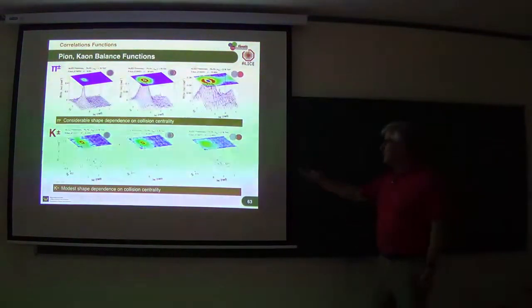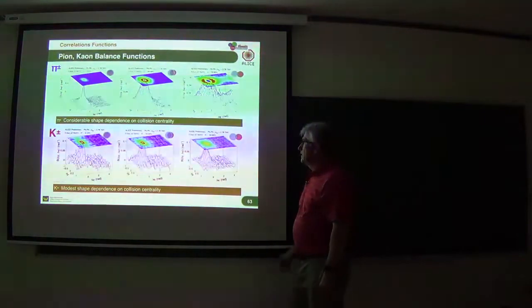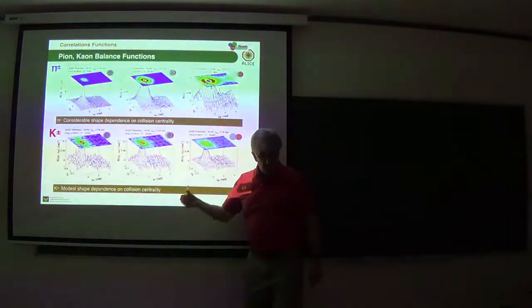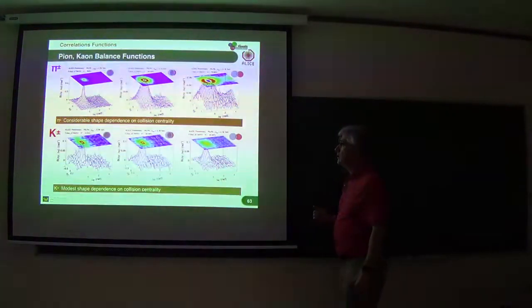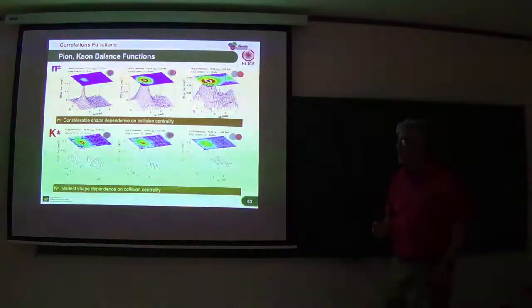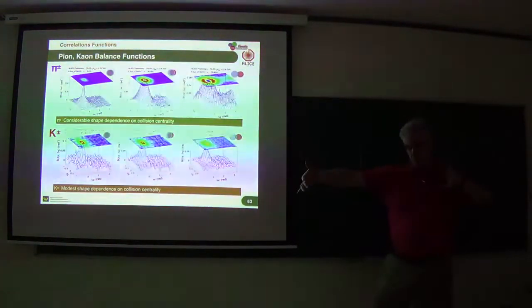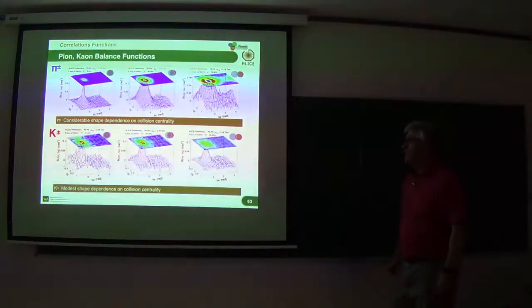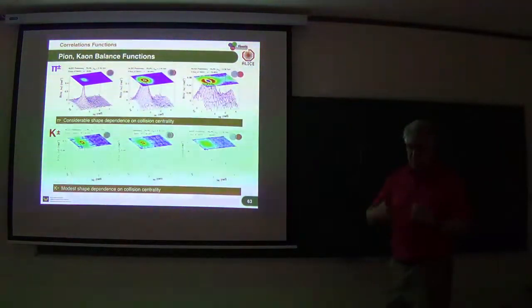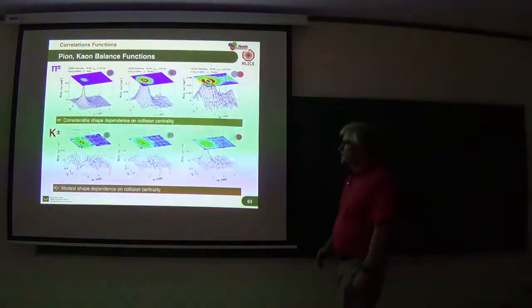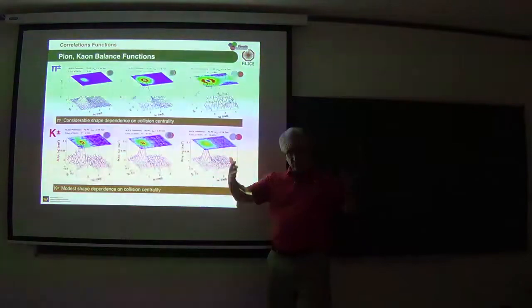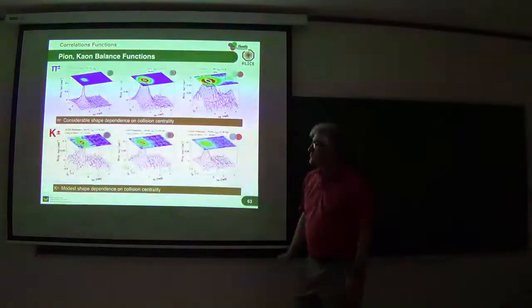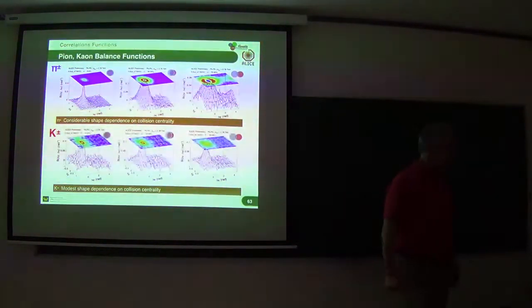This is in line with the argument of Pratt that kaons might have been formed early, and consequently, if they're formed early, they would expand far in rapidity, relative rapidity, and there would be very little contribution from the late stage. So when you average and integrate everything out, you would see no change with centrality.